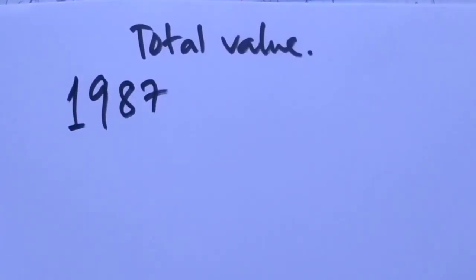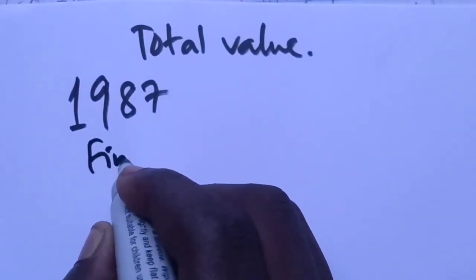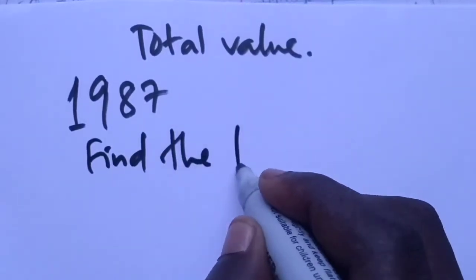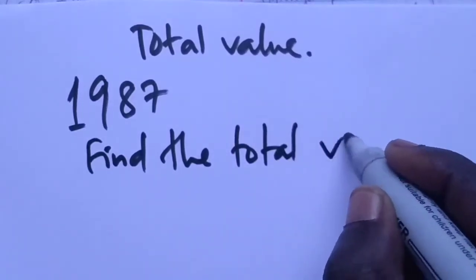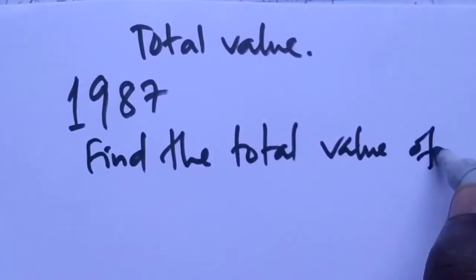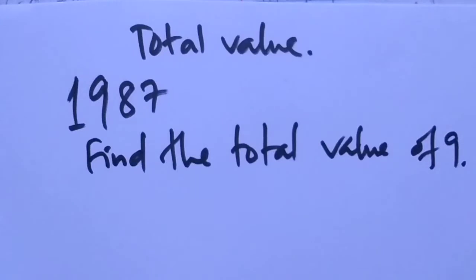From this example, we have the total value of every digit. For example, if you are asked to find the total value of 9 from this number.